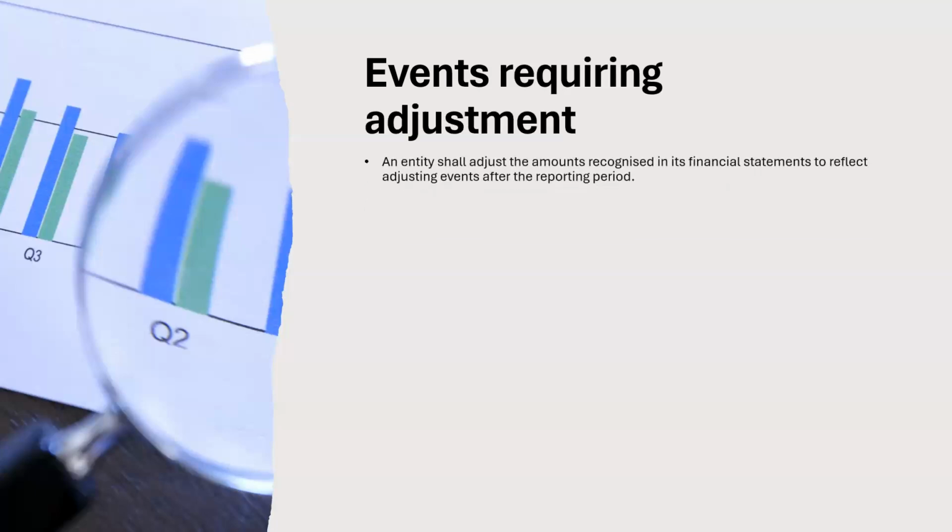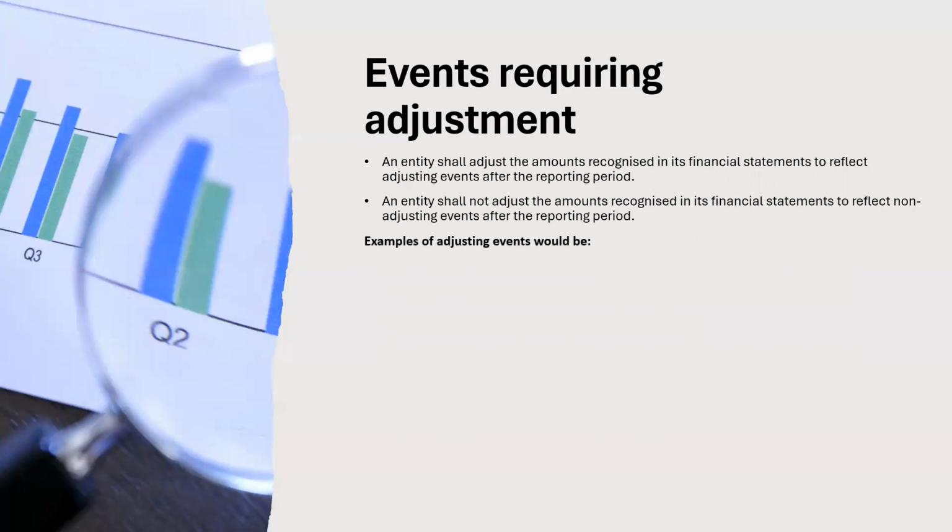An entity shall adjust the amounts recognized in its financial statements to reflect adjusting events after the reporting period. An entity shall not adjust the amounts recognized in the financial statements to reflect non-adjusting events after the reporting period. So what would be the examples of adjusting events?